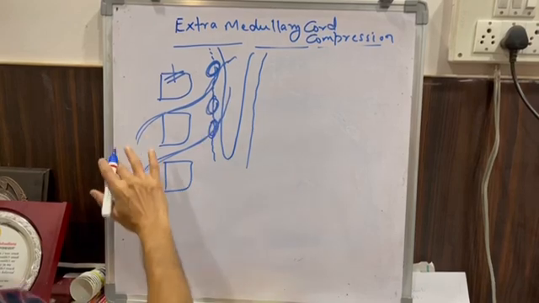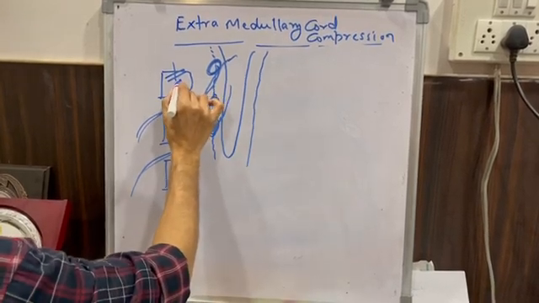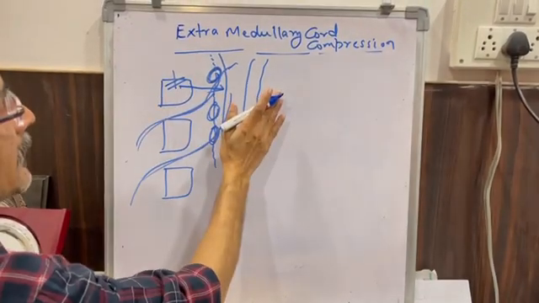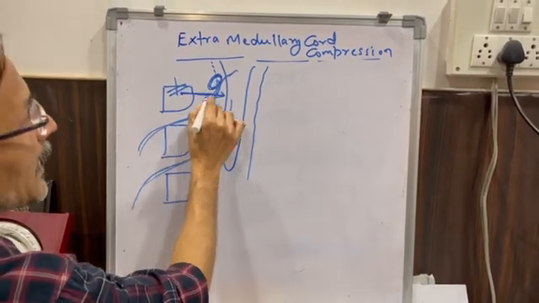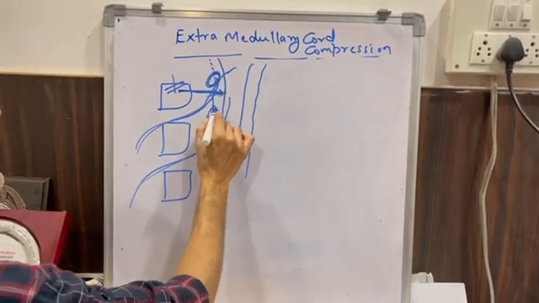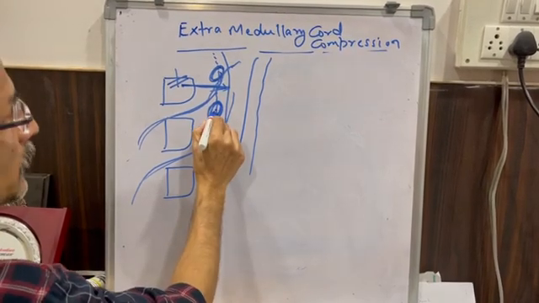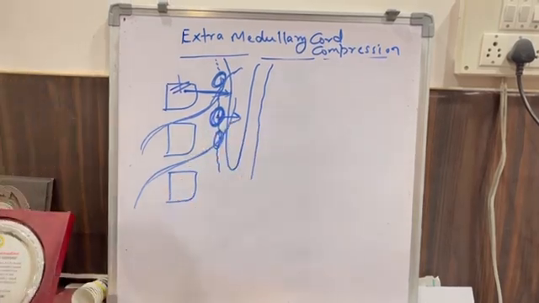Now, in the earlier diagram, when we are saying that a lesion is present in the vertebra, it is extending like this from outside within. So extramedullary cord compression from a vertebral lesion outside within, or it can be an extramedullary intradural lesion which is also doing the same thing, compressing the spinal cord from outside within.